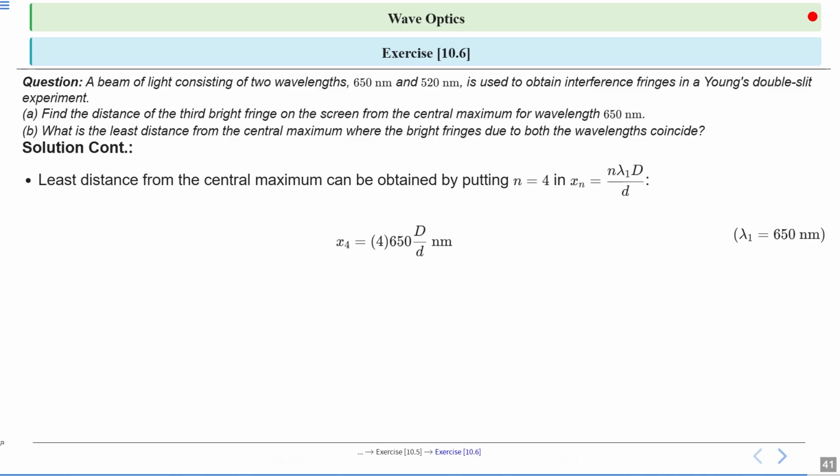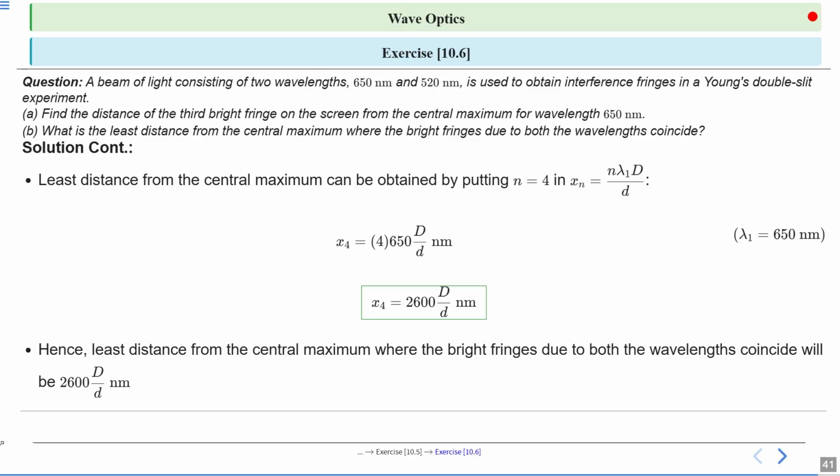Substituting the values, we have x4 equal to 4 multiplied by 650 multiplied by capital D upon small d. The result of our calculation is x4 equals 2600 multiplied by capital D upon small d nanometer. This tells us the exact position of the 4th bright fringe for the 650 nanometer wavelength.